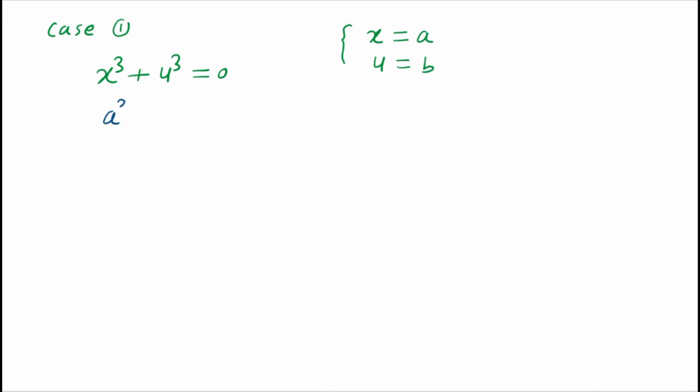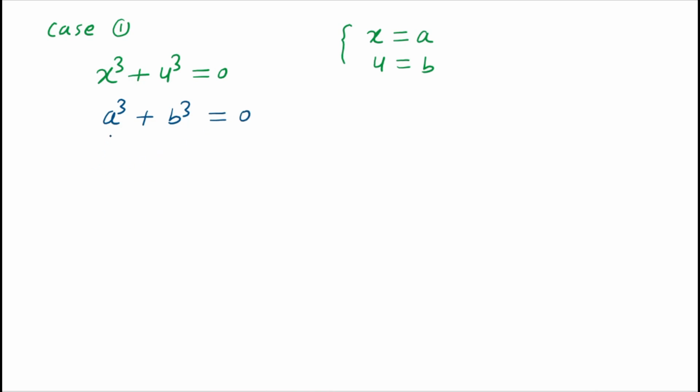Here first we will solve case first. Case first is x cube plus 4 cube equal to 0. Here we will apply substitution, and if we substitute x equal to a and 4 equal to b, on the left hand side this is the same as a cube plus b cube, equal to 0.